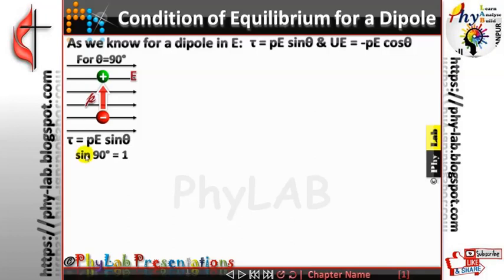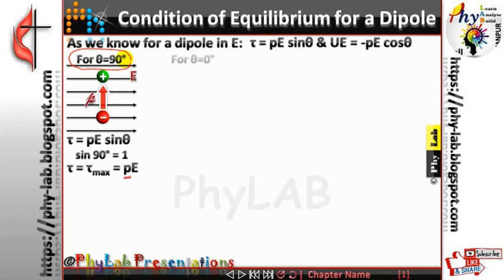So in this expression, the sine function has a maximum value of 1, and that's why the torque experienced in this particular orientation is maximum, and that is pE. So this is the maximum torque experienced by any dipole, and one should remember that at an angle of 90 degrees the torque experienced by the dipole is a maximum torque.